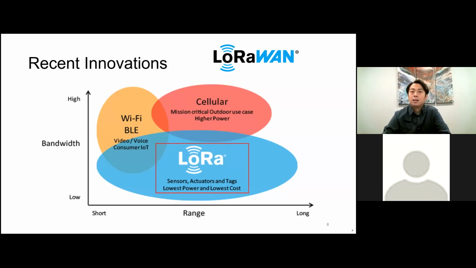The second benefit of LoRa is it transmits over very long range. Compared to, for example, a cellular network or Wi-Fi, it transmits much farther than those two options. And the third benefit is that because it's transmitting such low bandwidth, it utilizes the least amount of power to upload or communicate data.